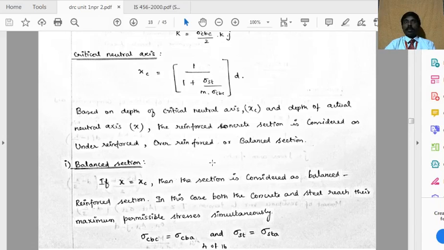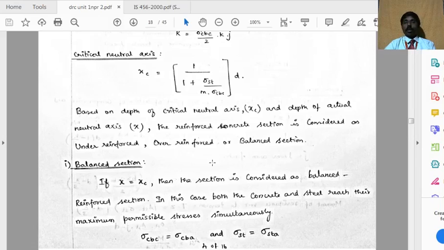In the balanced section, the actual neutral axis and the critical neutral axis will be equal. So the section is considered to be a balanced reinforced section.